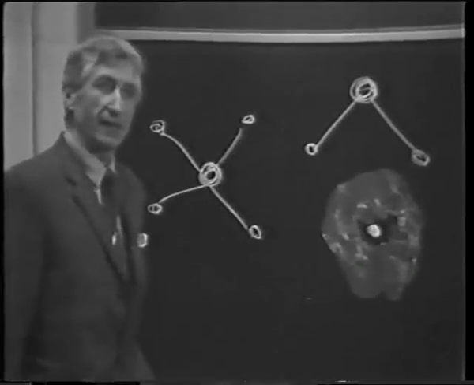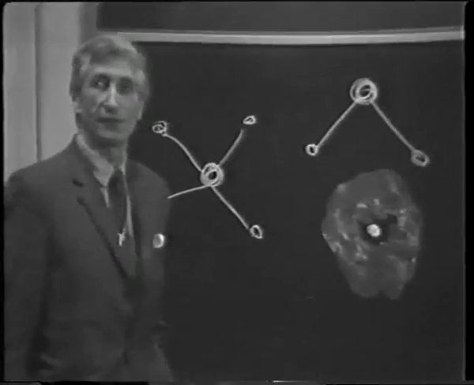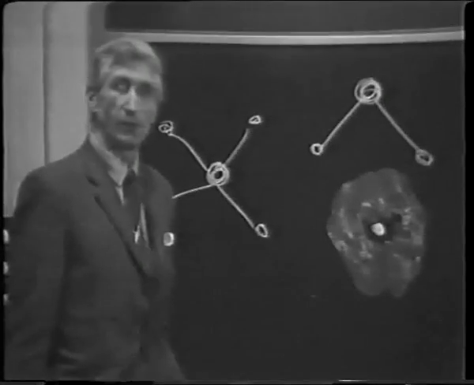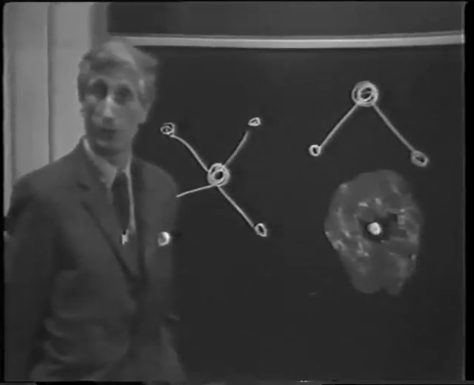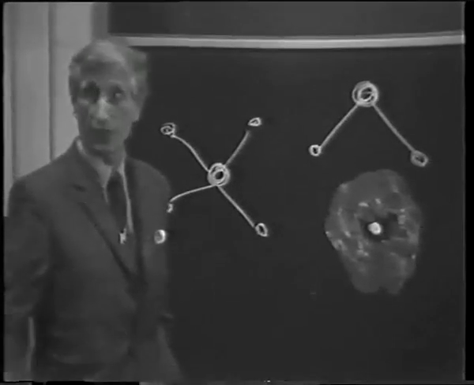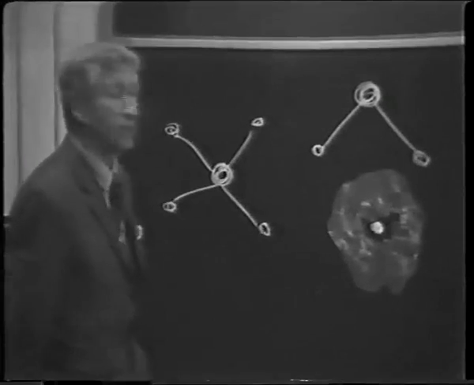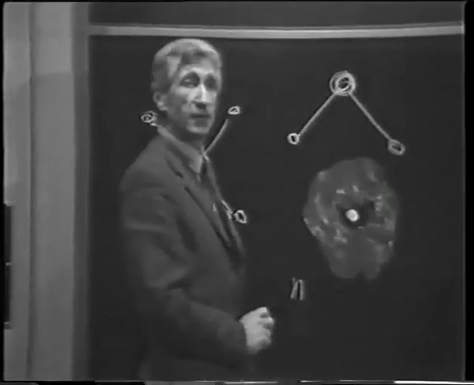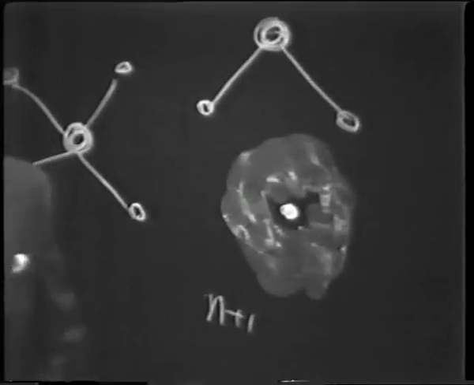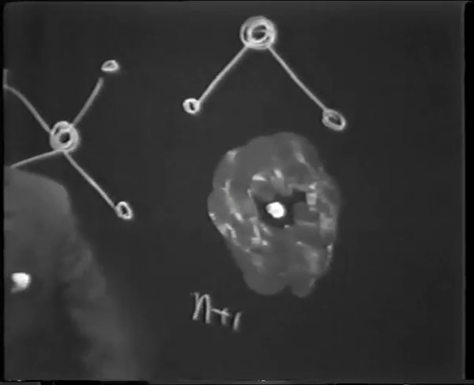Well, now let me add to this one more electron. Of course, in most chemical bonds, I don't add one electron, but I might well add up to half an electron if it's a polar bond, like, for example, HF. Well, let me add then one electron, and then instead of having, shall I say, n electrons, I've got n plus 1. Now, these are always elbowing one another out.